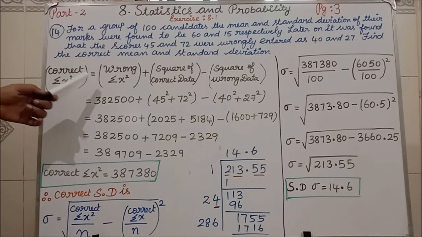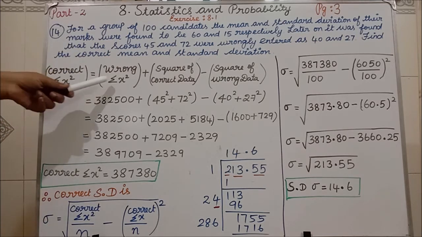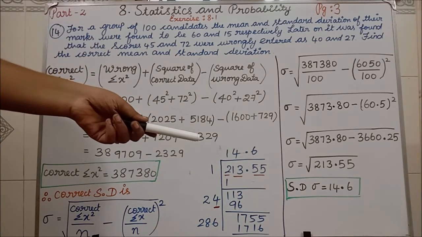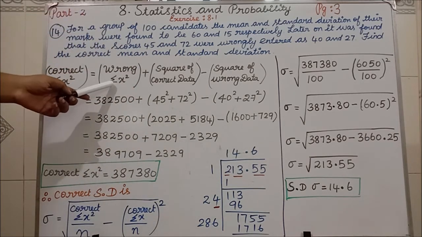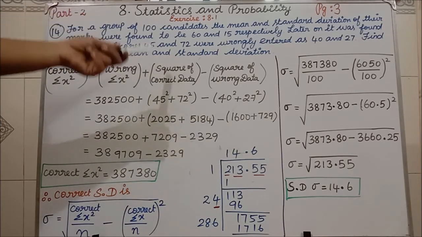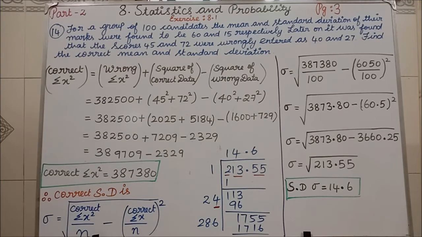Correct summation x square is equal to wrong summation x square, which I have done in the last step of page number 2. If we subtract the wrong data and add the correct data, we will get the correct summation x square.